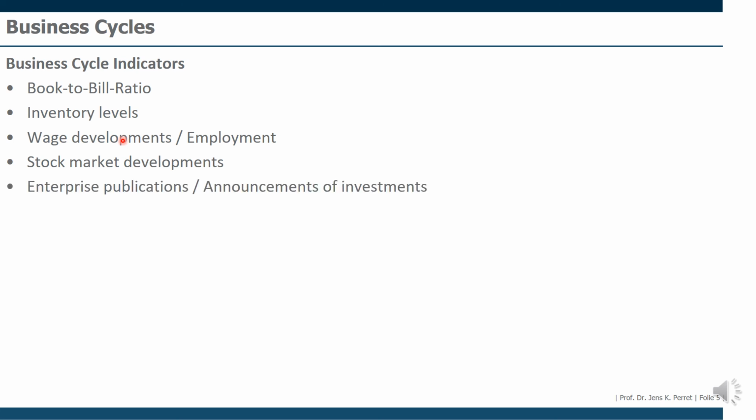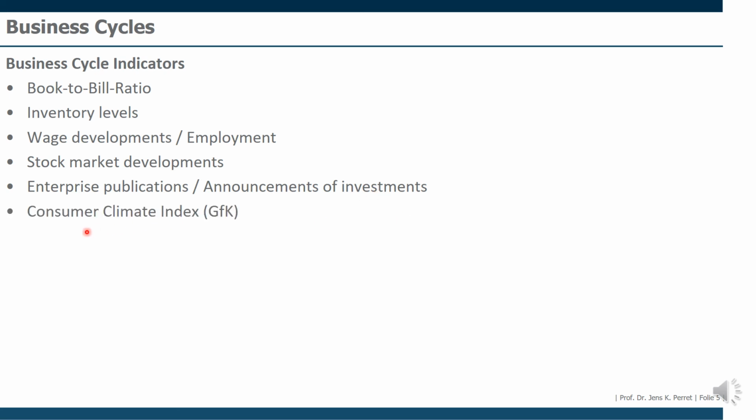We can take a look in enterprise publications, in firm publications, and consider which announcements they make with regard to investments. Because if they plan investments, they will have a positive outlook on the economic development. So if we see a lot of announcements of larger investments, we can assume that we are somewhere in a growth phase. We certainly won't be in a recession phase.